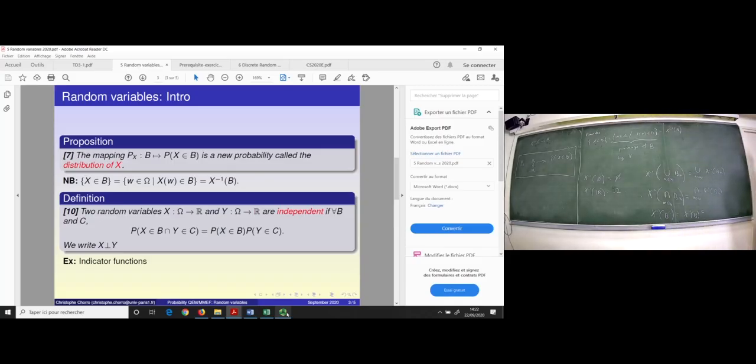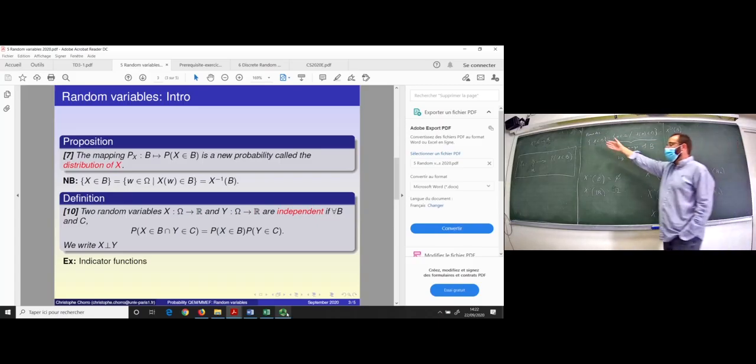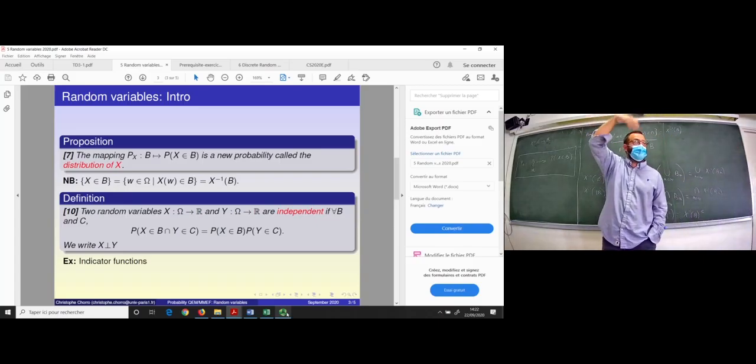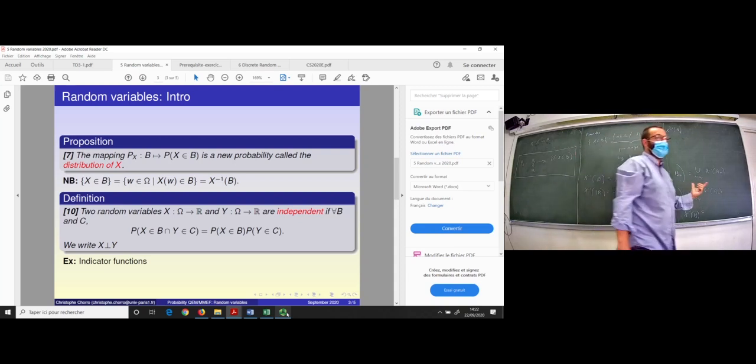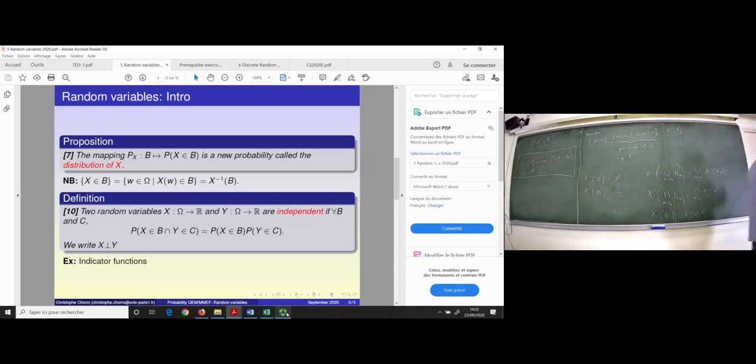The nice formula. Be careful because these formulas are true since we deal with the preimage, with this definition. You know that when you have a mapping, you can also define the image of a set by a mapping. For the image of a set, you don't have such nice properties. It works for the preimage.